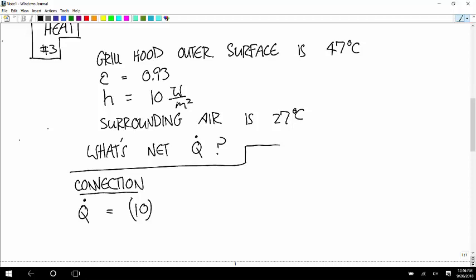So let's give it an area. So the surface area is, let's say, 0.2 meters squared.